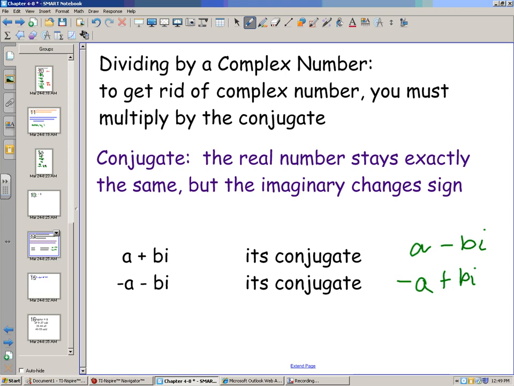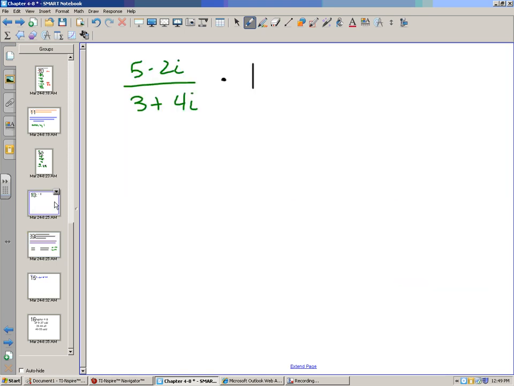Okay, so with that said, I need to multiply by a value of 1. I need to eliminate the imaginary number. So what is the conjugate of my denominator? Three minus 4i is my conjugate, right? Yes?